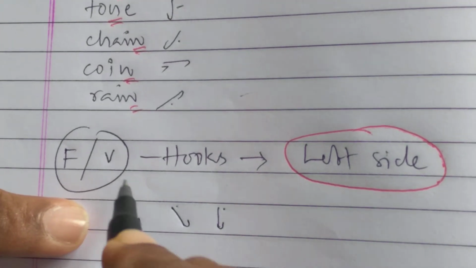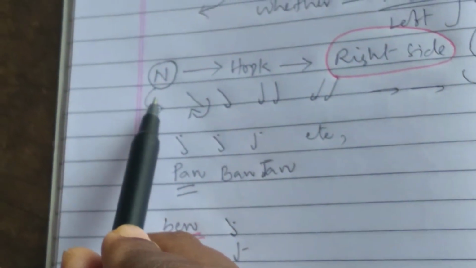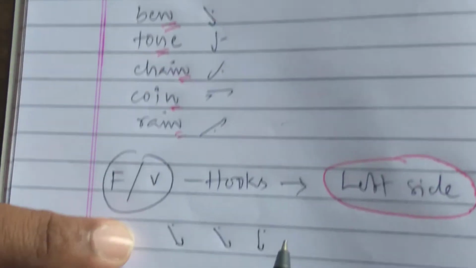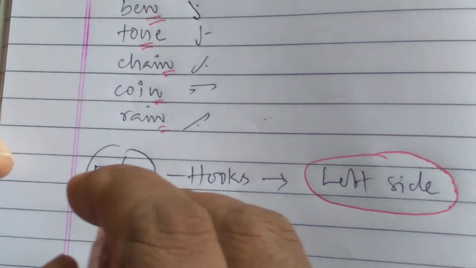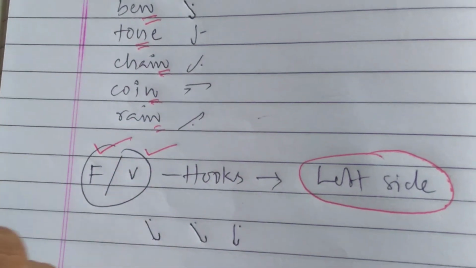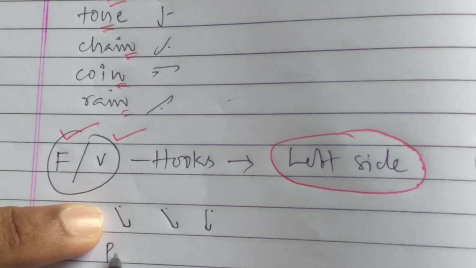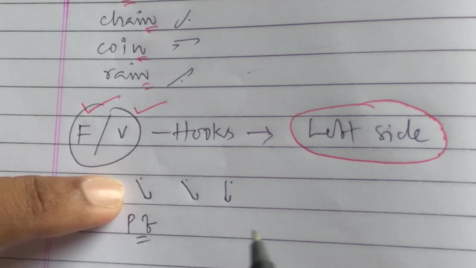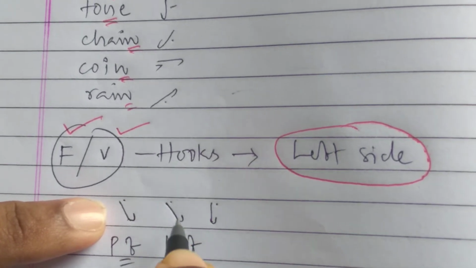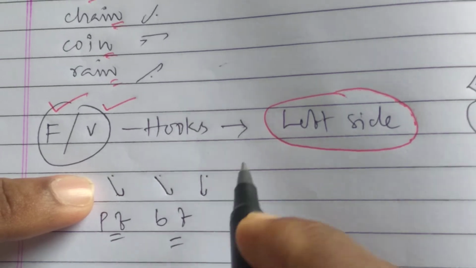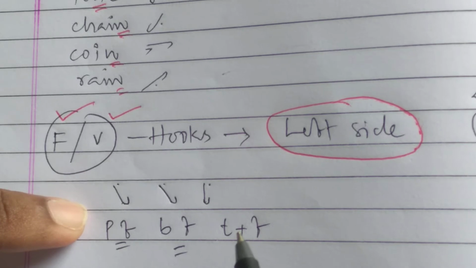But I think you are getting one doubt here. Here there is only one sound N, that is right motion. Here Pitman has given us two sounds, F sound and V sound. Likewise P plus A plus F, you can pronounce as PAF, B plus A plus F, BAF, T plus A plus F, TAF.